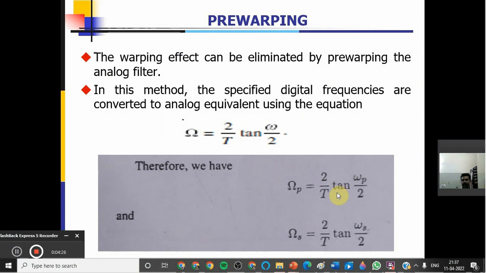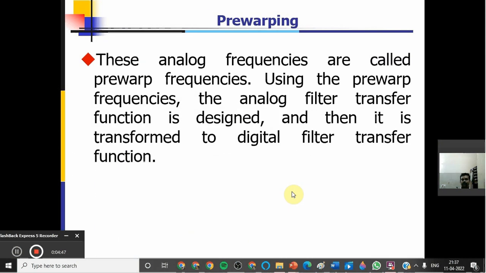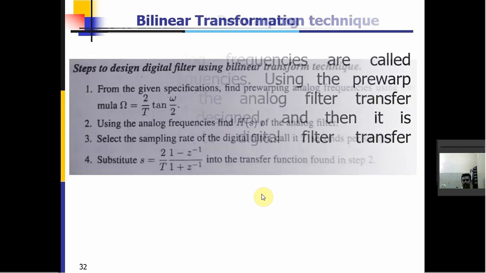Here you have two expressions: omega p is equal to 2 by T tan omega p by 2, and omega s is equal to 2 by T tan omega s by 2. This is for the pass band and this is for the stop band. P is for pass band and S is for stop band. These frequencies are called pre-warp frequencies. Using the pre-warp frequencies, the analog filter transfer function is designed, and then it is transformed into the digital filter transfer function.